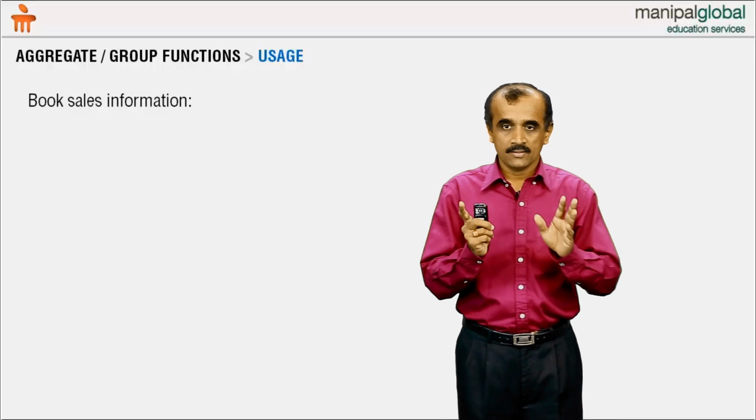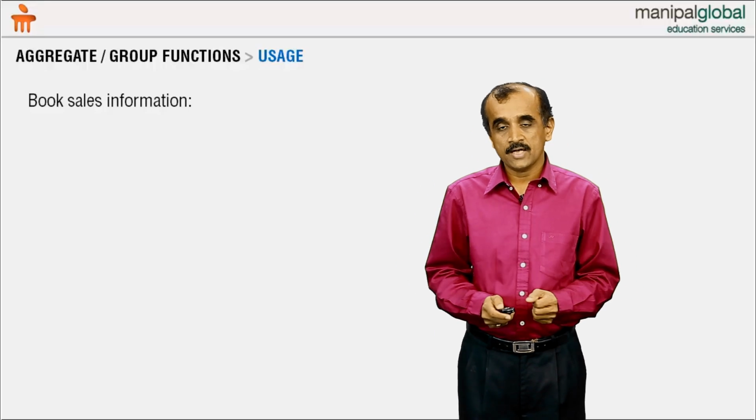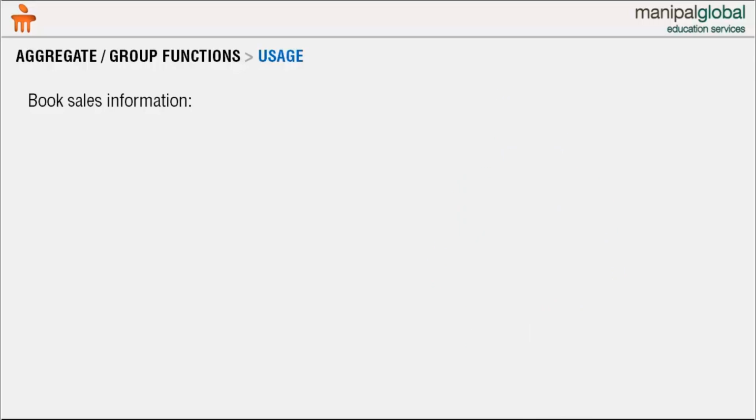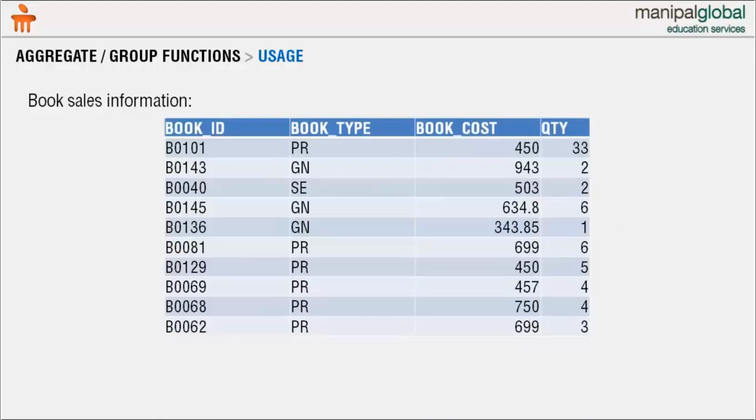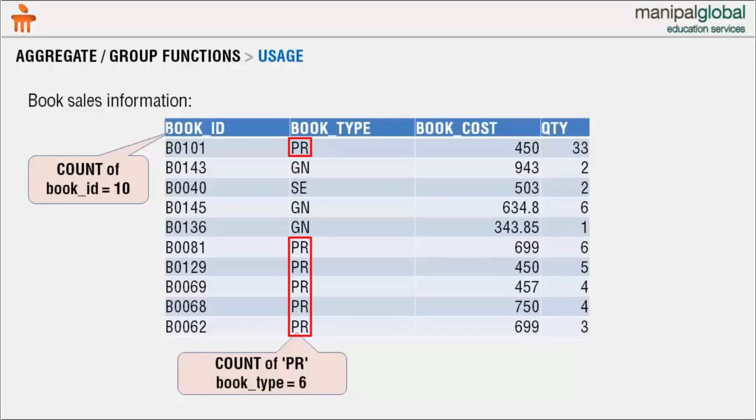Let us see how an aggregate function works with the help of an illustration. We have book sales information: given a book ID, what is its type, what is the cost, and how much quantity of that book has been sold. If I apply count on book ID, it will give me 10, as we have 10 rows here. If I apply count on PR type of books, we have 6.